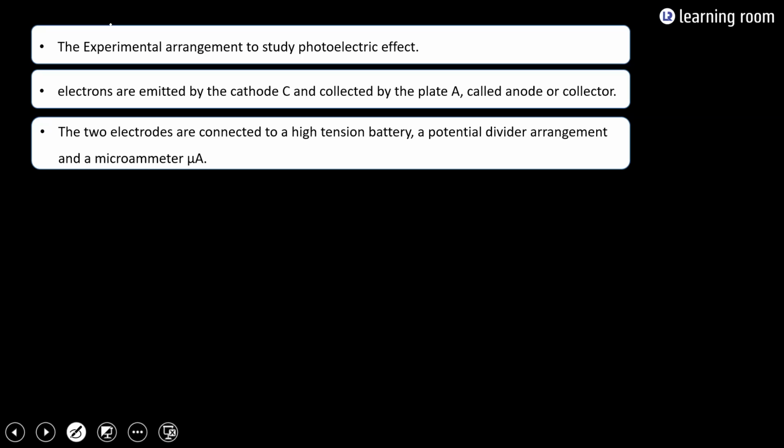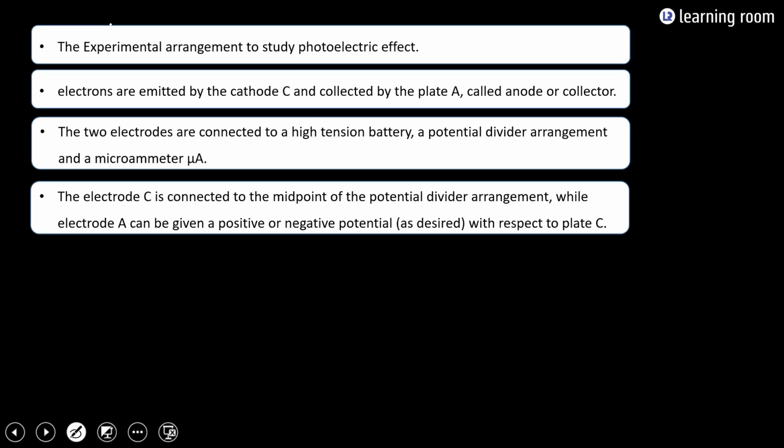These two electrodes are connected to a high tension battery, a potential divider arrangement, and a micro ammeter. The electrode C is connected to the midpoint of the potential divider arrangement, while the electrode A can be at positive or negative potential as desired with respect to plate C. This is a very, very important point. Make a note of it.